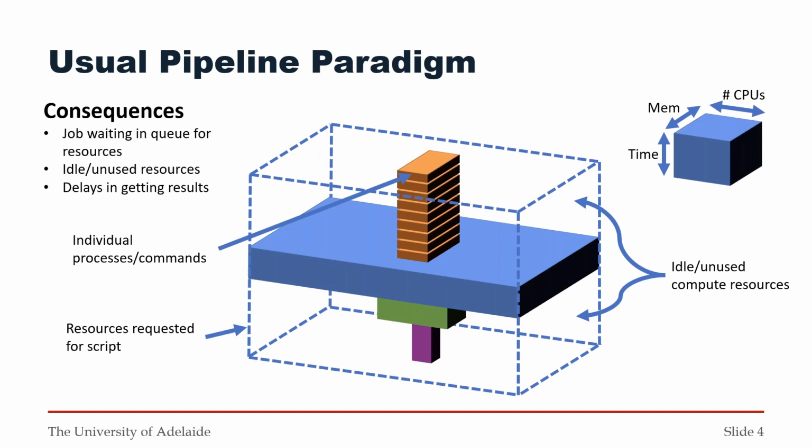And once that starts executing on the cluster, you then have all of these unused resources depending on which part of the pipeline is running. So all of this results in delays in getting a script to completion. And in my situation, this can lead to quite significant delays because of quite large resource requirements. Again, I'll come back to that in a moment.